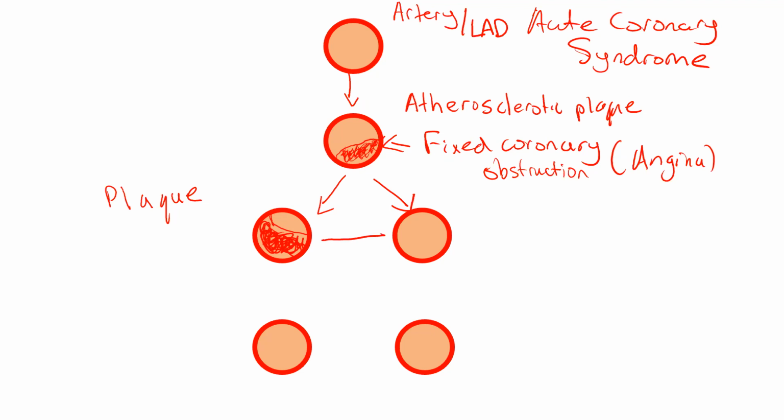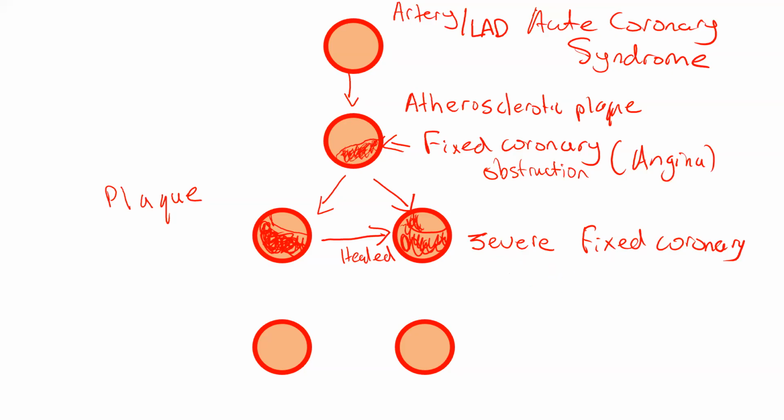But in some very rare cases, when it ruptures, it doesn't actually completely occlude the artery. So let's say it ruptures, but you still have an area that's getting blood. This is your severe fixed coronary obstruction.